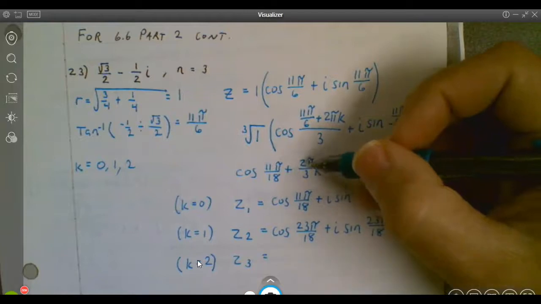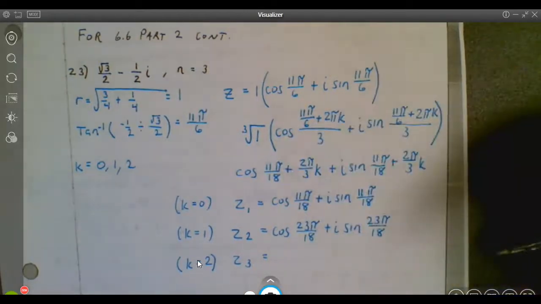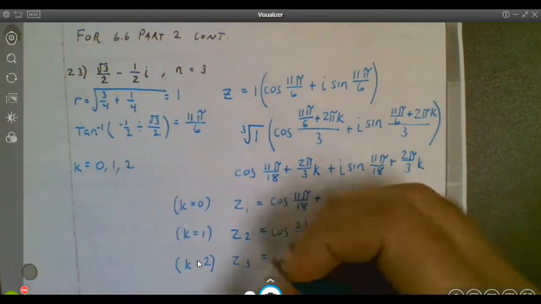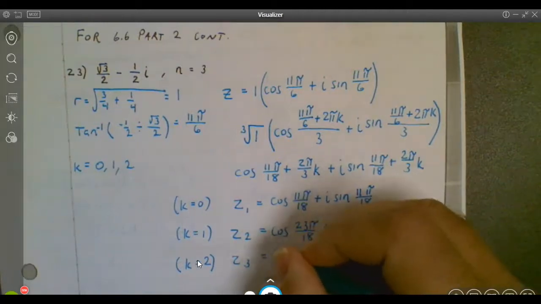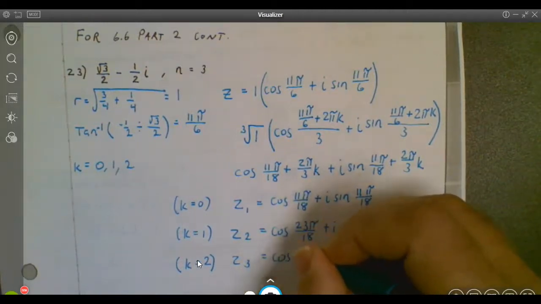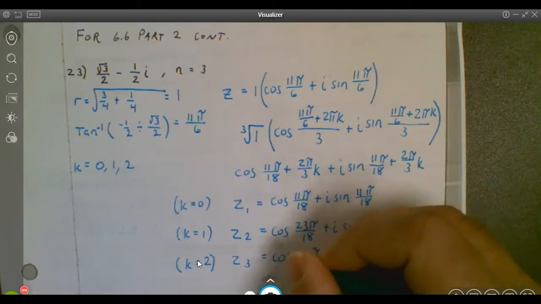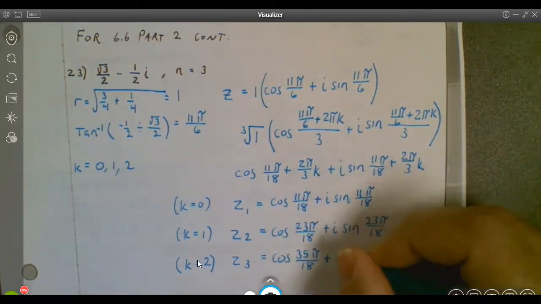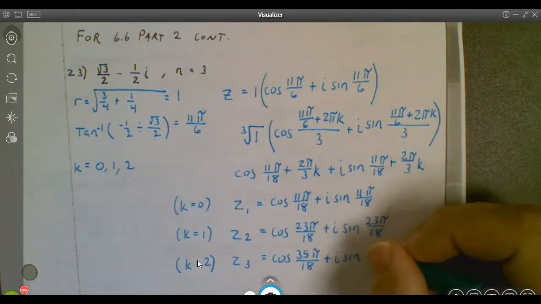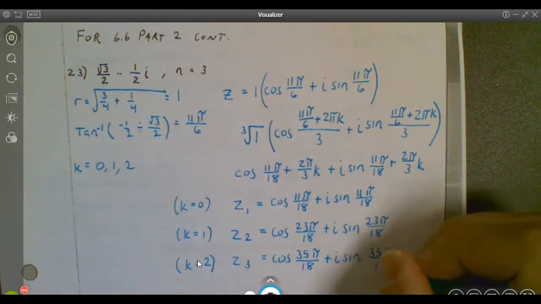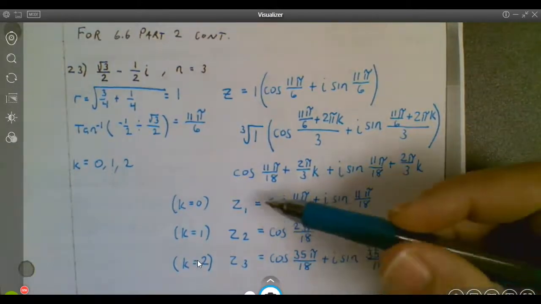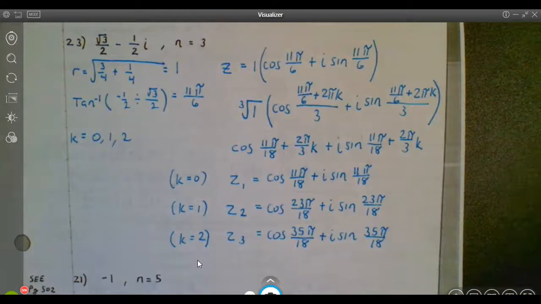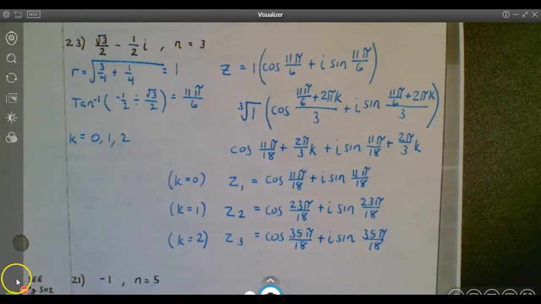So let's see, times 6, so 24 plus 11 is going to give us 35 over 18. And that's it. So these z1, 2, and 3 represent the 3 roots that we're getting from this z value.